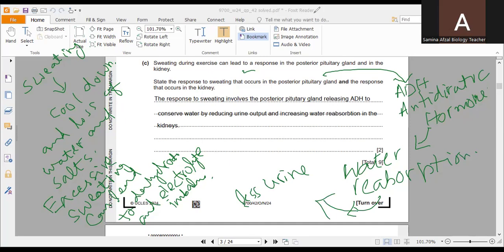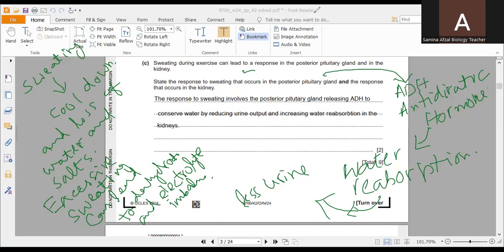Most of the water will be reabsorbed. The function of antidiuretic hormone is to help reabsorb water. In this way, the kidneys also play a role in reabsorbing electrolytes, which are sodium and potassium, to maintain the proper balance in the body.